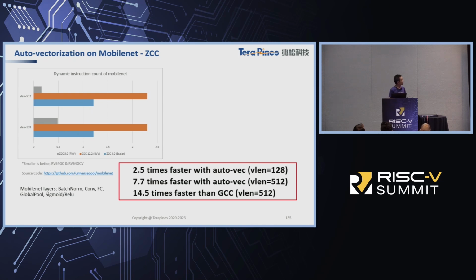If we change the vector length to 512, we achieved 7.7 times faster with auto-vectorization. Also, we achieved 14.5 times faster than GCC. So this is for MobileNet.